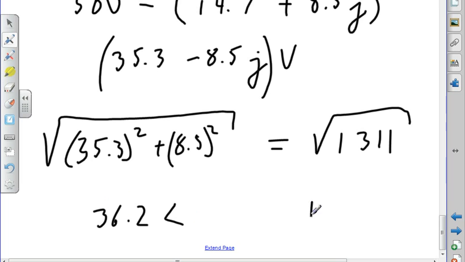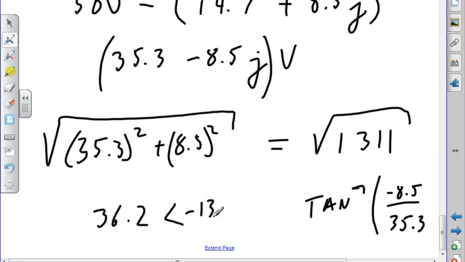Okay, so I want the arctangent of the y, minus 8.5 divided by 35.3. Arctangent of the answer, minus 13.5 degrees.